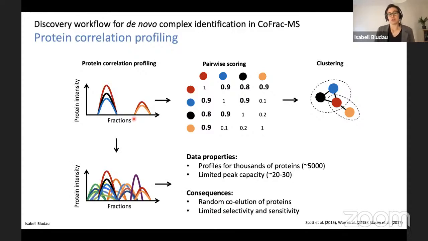First of all, the situation is not as easy as shown up here, but we actually look at profiles of thousands of proteins at a time. In our experiments, we had around 5,000 proteins quantified. Due to the limited peak capacity of the chromatographic fractionation strategies that we have, we are facing a lot of random coelutions of proteins, and this results in a limited selectivity and sensitivity of these de novo complex identification approaches.